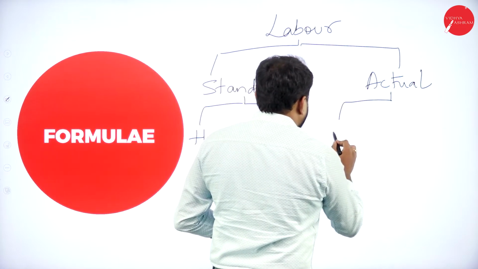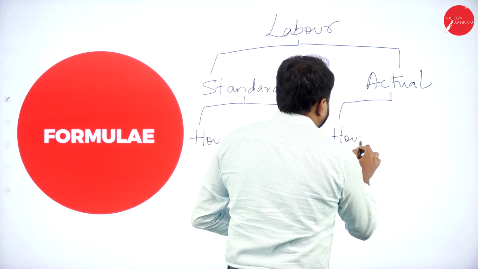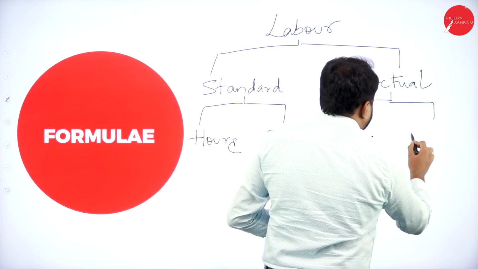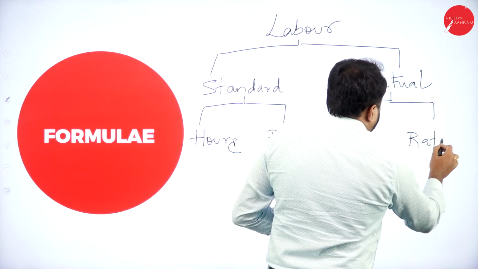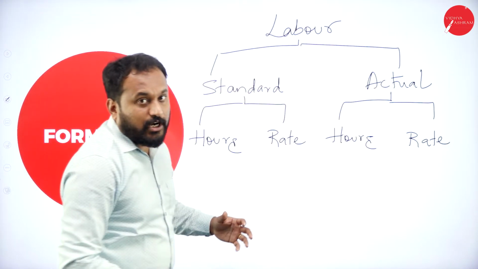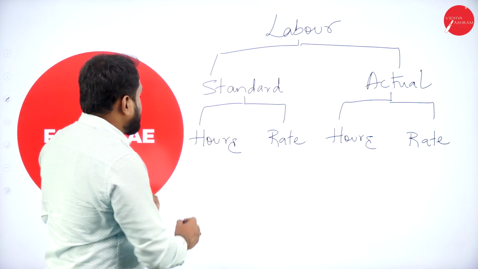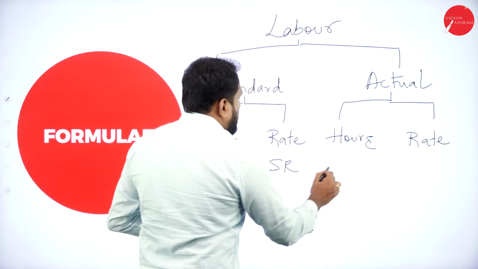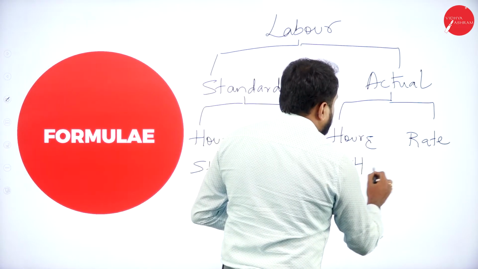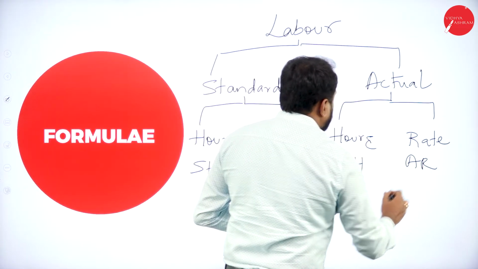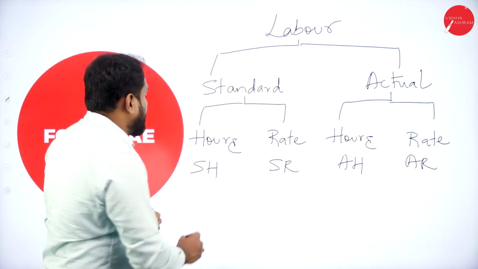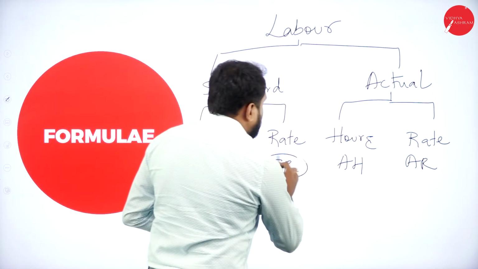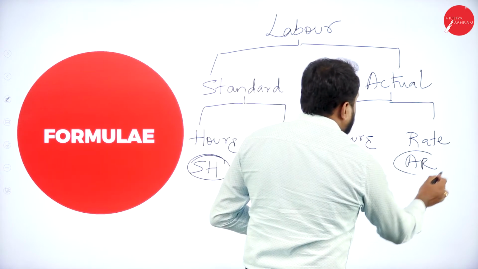We have hours and we have rate. It is called SH, SR. Here we have AH and AR. So we got four things here: SH, SR, AH and AR.